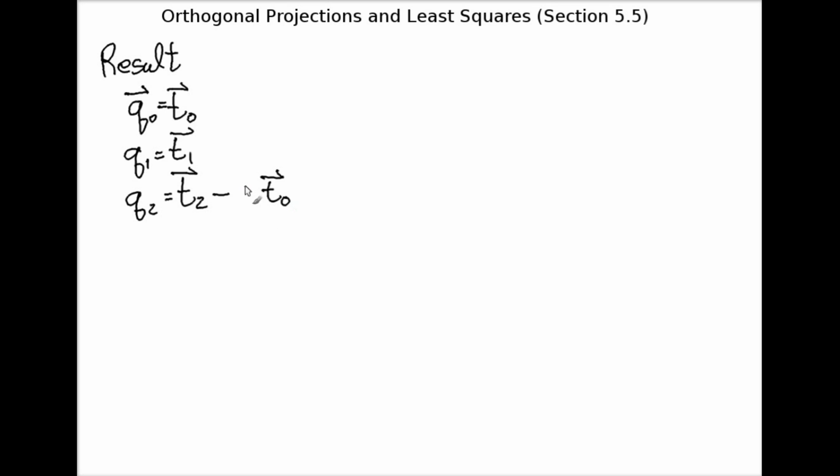And it turns out that this constant is what the book writes as T squared bar, which is the average of the T squareds.